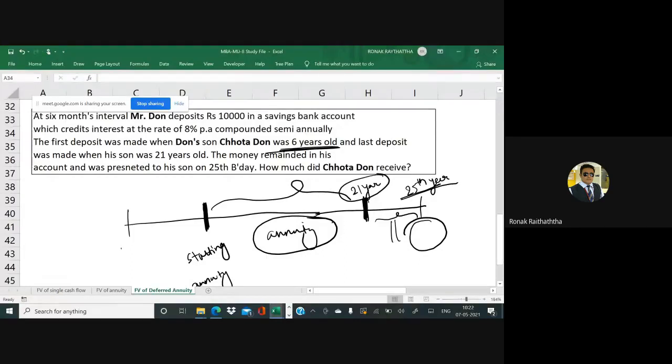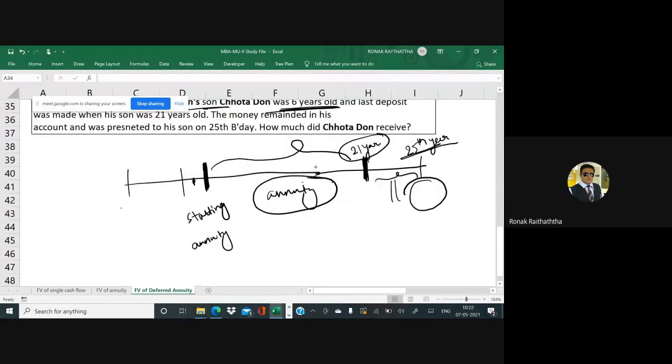Now, for this annuity, the first deposit was made when Don's son Chota Don was 6 years old. So that means at the end of the 6th year we're making the deposit, right? Between the 5th and 6th year, my friend, there are 2 semi-annual installments. So this semi-annual installment, that is the second period of the 5th year, is done. So there is one installment done at the end of the 6th year. Then 7 is there, 8 is there, and up to 21 we are calculating. So how many years are remaining in this period?